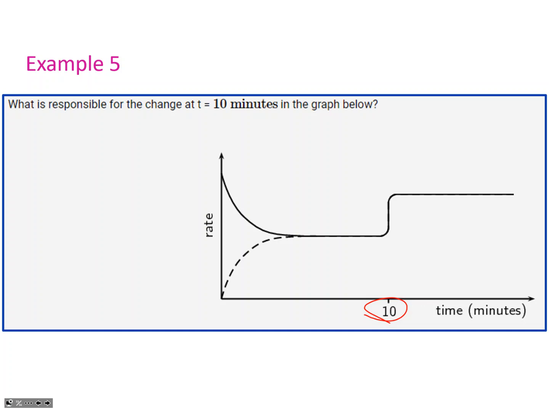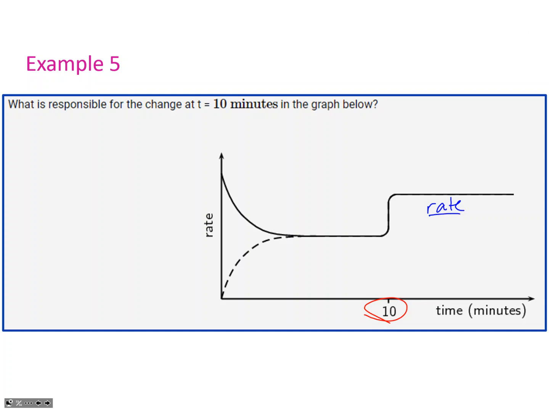What's going on here? We see that the rate is changing. Rate is now going up here, okay? Rate has increased. But do you see either the forward or the reverse initially being higher than the other? No. Equilibrium's the same.